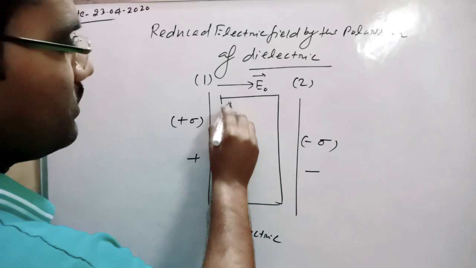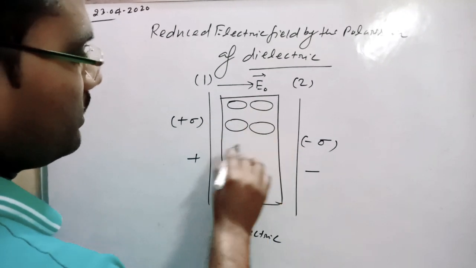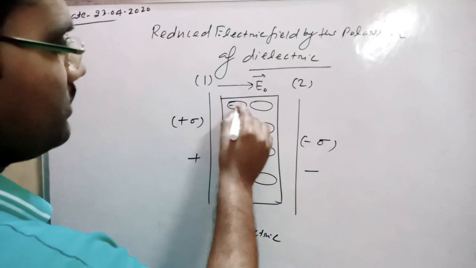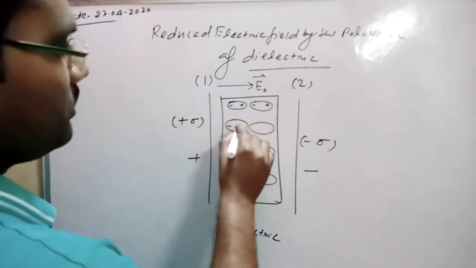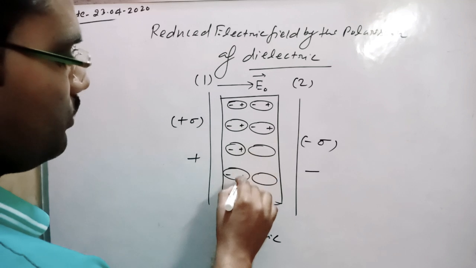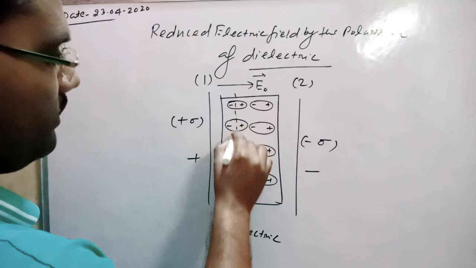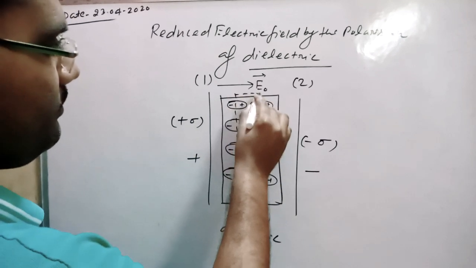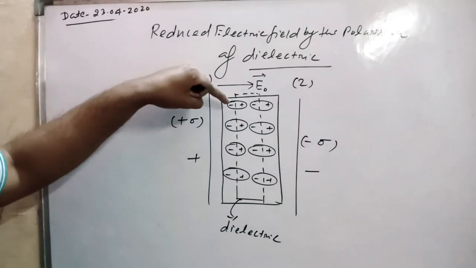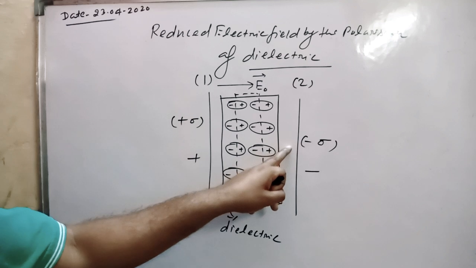So now here this one is the polarization of molecules: negative, positive, negative, positive, and so on. Now here we take a block and find all negative charges at the left face and all positive charges at the right face.